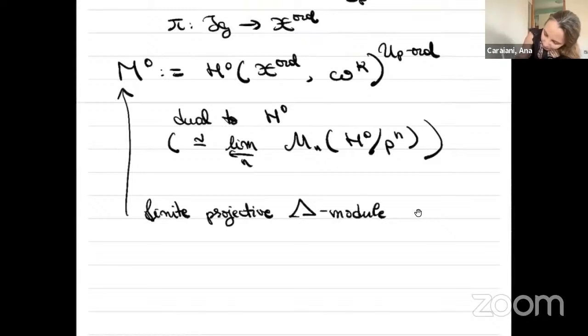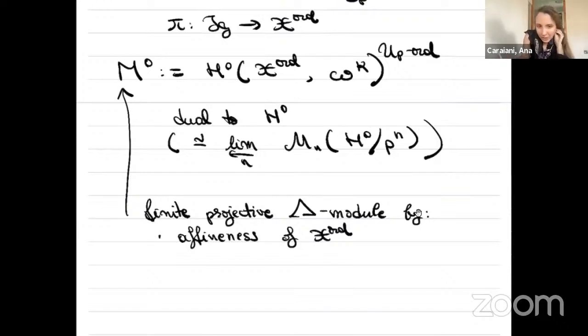And the proof relies on the fact that the ordinary locus is affine, which means that you're only going to have coherent cohomology in degree 0. And also, the finiteness, at least I think it's pretty subtle if you don't know something extra.